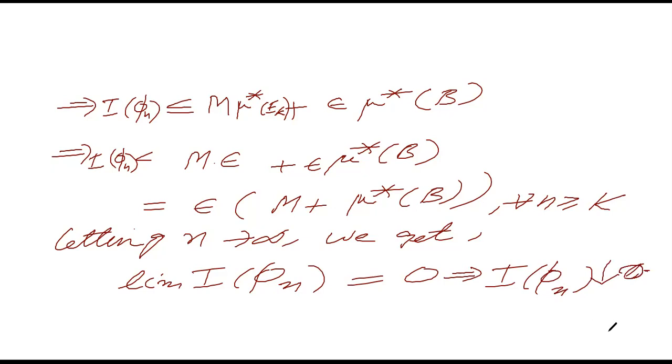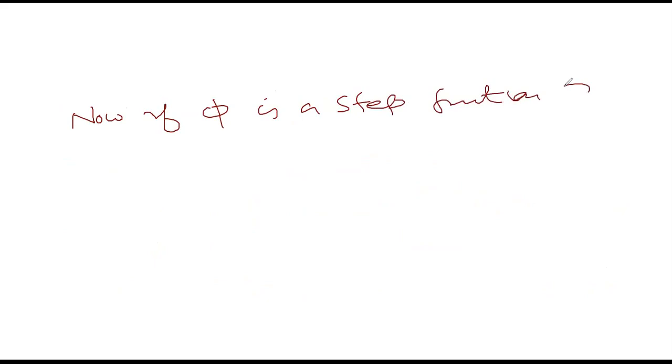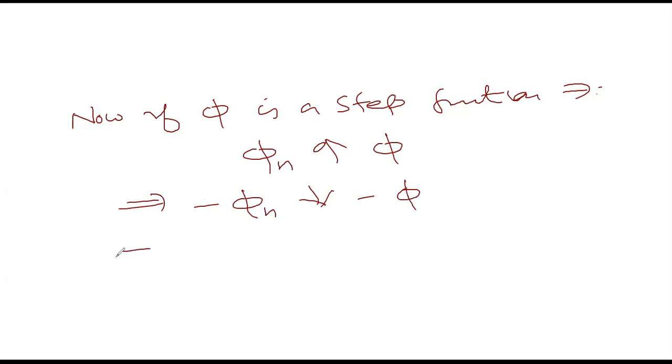Now we prove the next part, in which phi is a step function. That's the second part of this theorem. Now if phi is a step function such that phi n increases to phi, this implies minus phi n decreases to minus phi, which implies minus phi n plus phi decreases to 0.